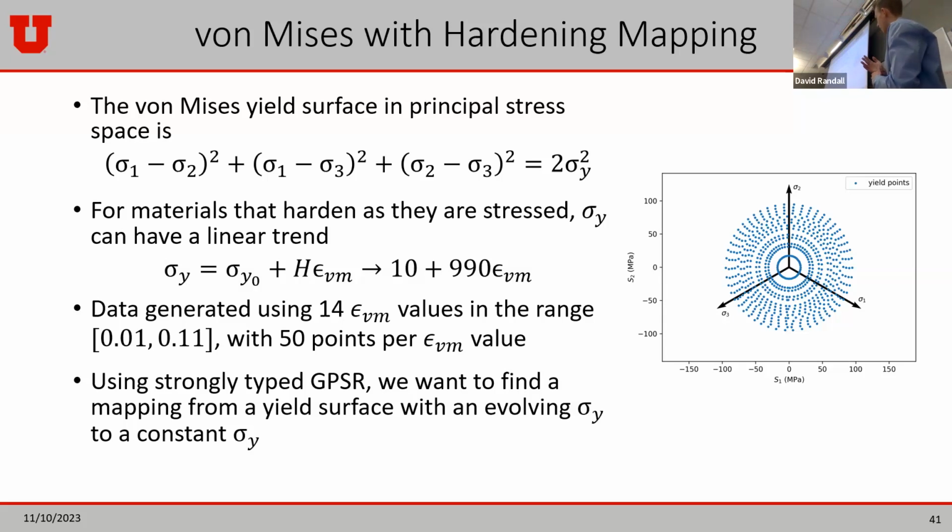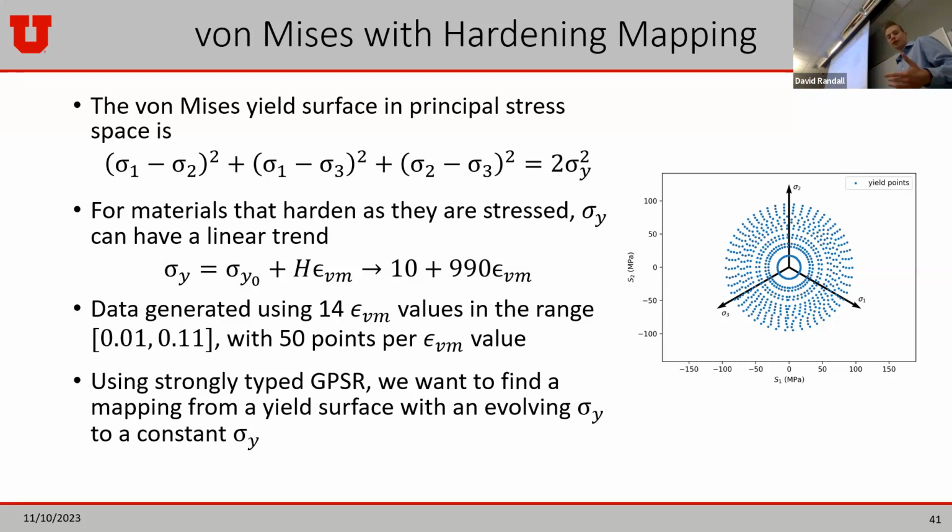In this case, we'll call it epsilon VM. So we prescribe a linear hardening or linear expansion rate with respect to epsilon VM and get the data shown on the right, where we have these expanding circles. Again, this is a view of 3D space, and we're looking down onto the cylinder.